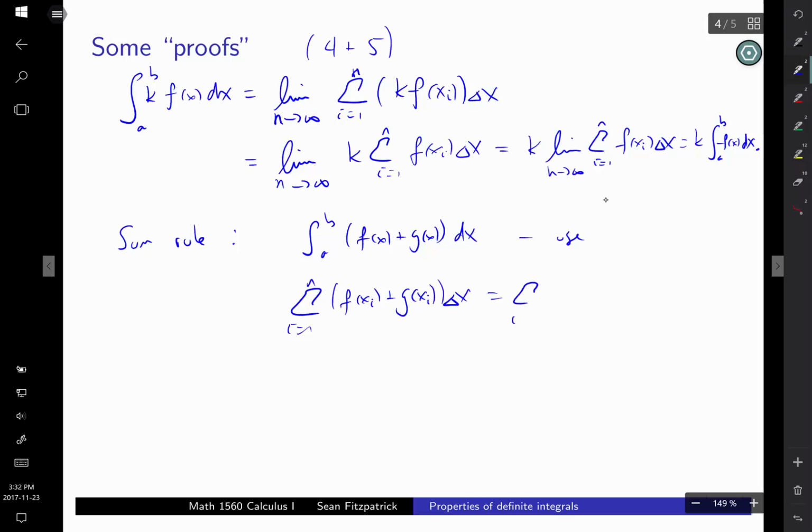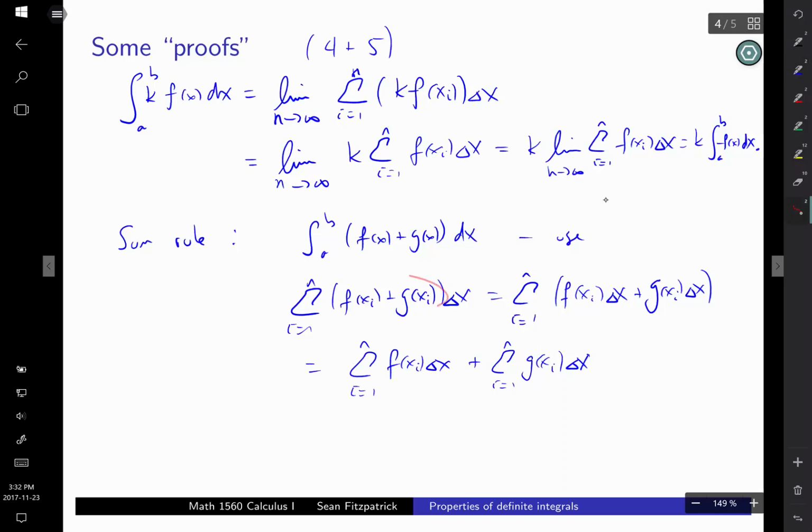But we know that could be written as, push the delta x through, f of xi delta x plus g of xi times delta x, and we also know that we can split that sum up into two individual sums, right? The sum of f of xi times delta x, and then the sum, i going from 1 to n, of g of xi times delta x.